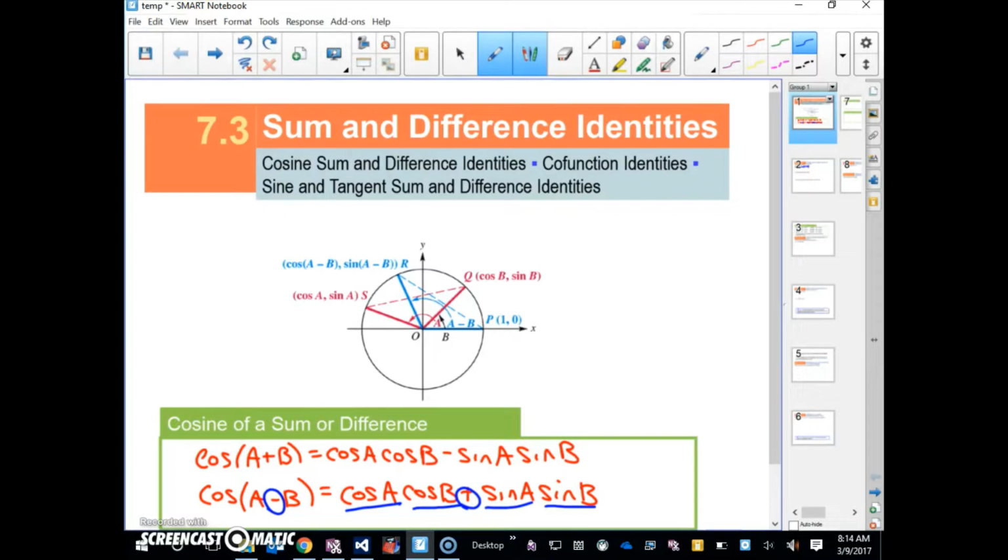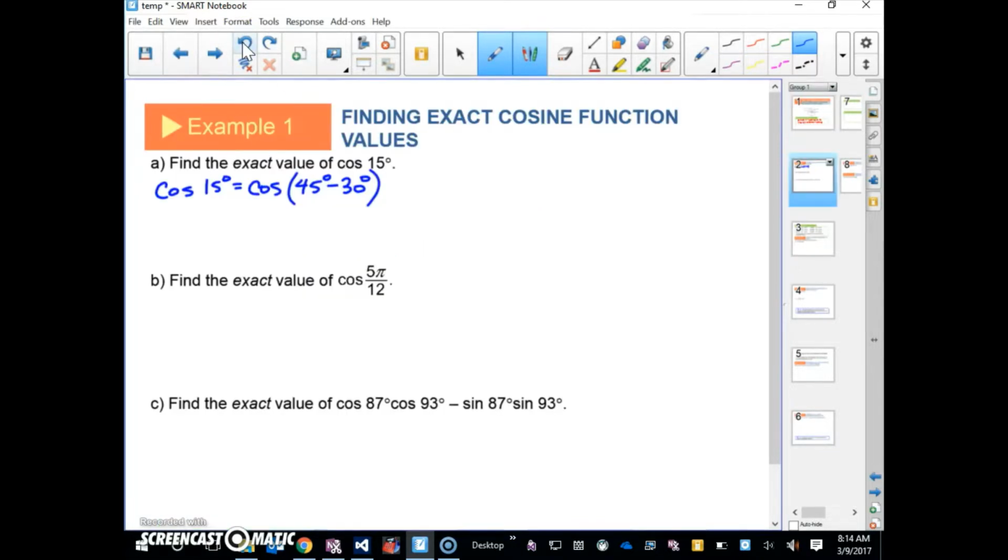It's just a pattern. So the formula says cosine 45 degrees, cosine 30 degrees, instead of minus, we say plus, sine 45 degrees, sine 30 degrees. It's a little bit complicated for our formula, but it's just a pattern, and we're going to just plug in things that we know.